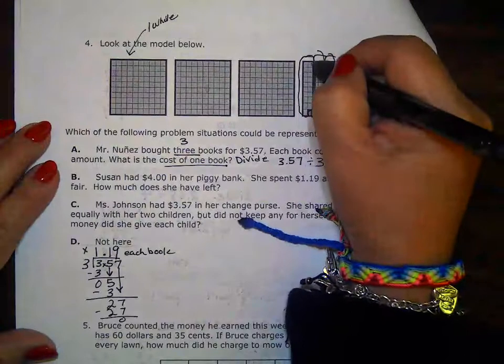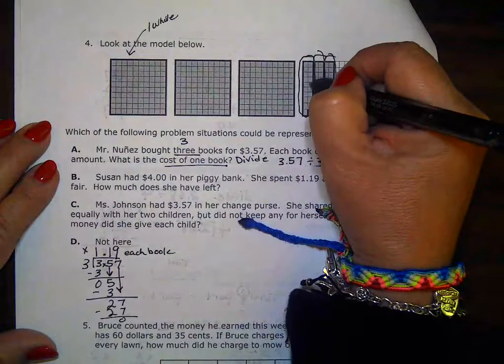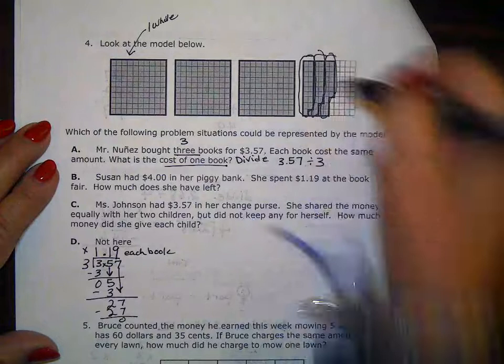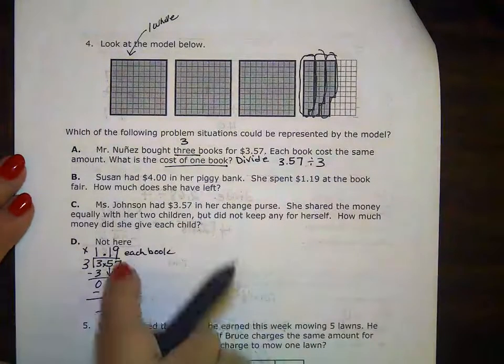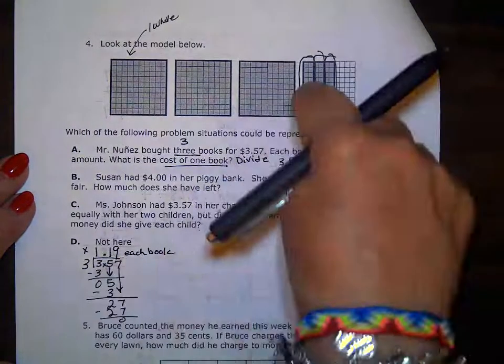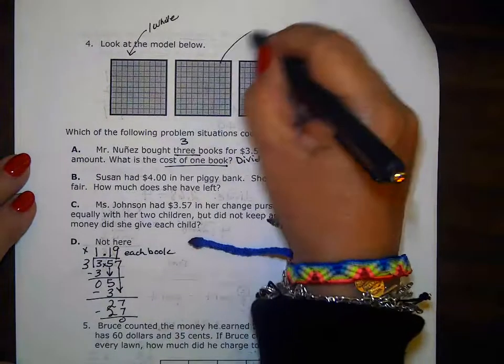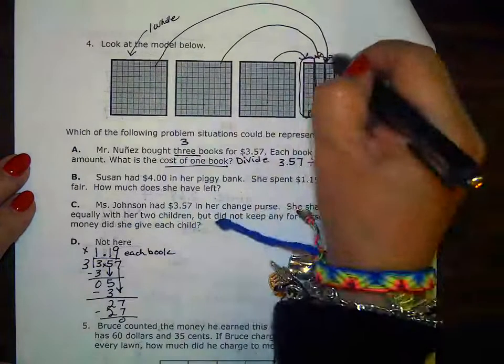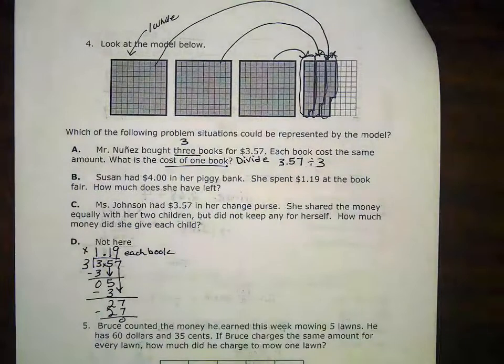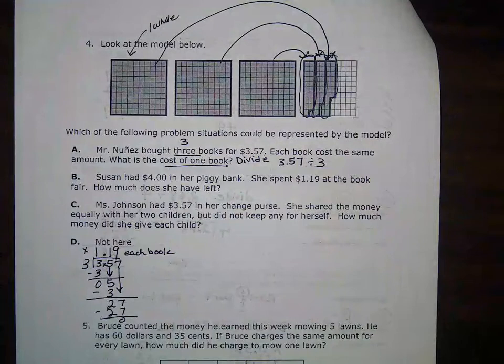So this is 10, 11, 12, 13, 14, 15, 16, 17, 18, 19. So I have my 19 there, and that's one whole. I have my $1.19 and my $1.19. So does that make sense? Very strong possibility. But let's go to the next one to see if that makes sense.